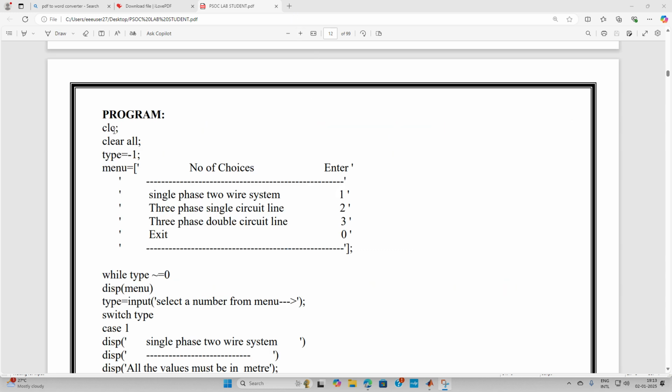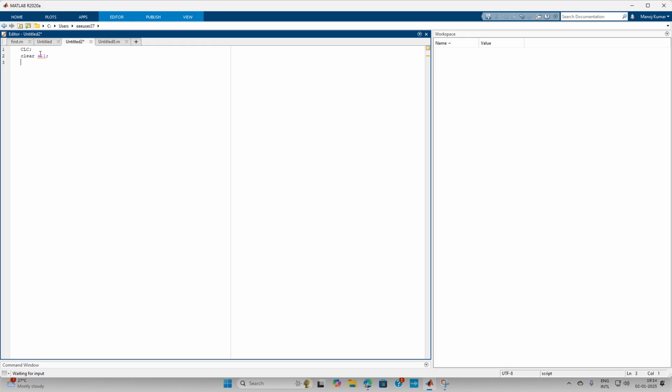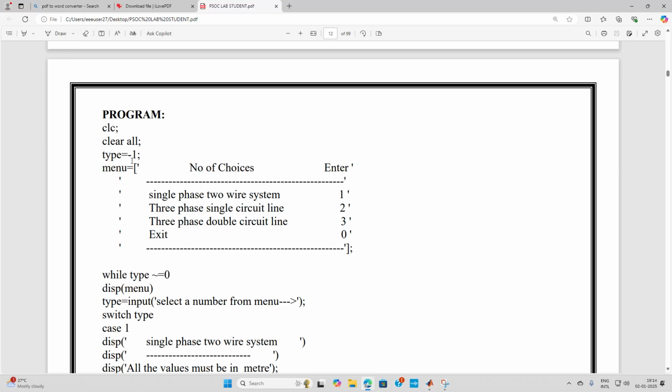This is the program we already discussed: CLC, which means clear. In this clear section we type the MATLAB commands CLC and clear all. After that we type one by one. What types do we use?